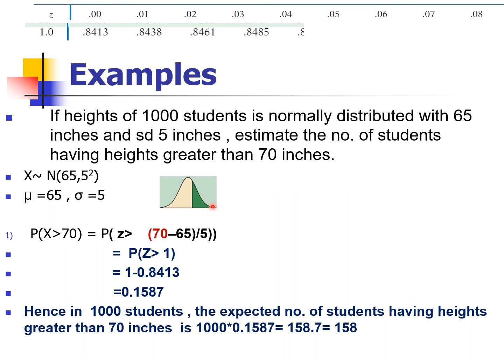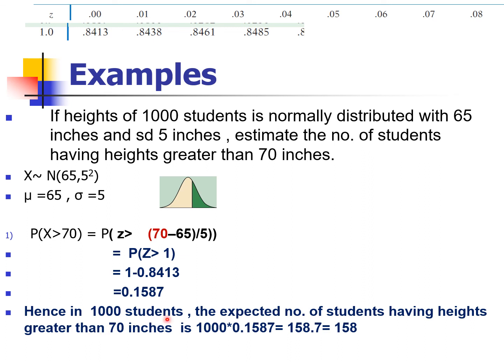So from the table, this area that you get is the area from this point towards the left. So you will have to do 1 minus this area that you get from the table. So 0.158 is the area which is shown by the green color.